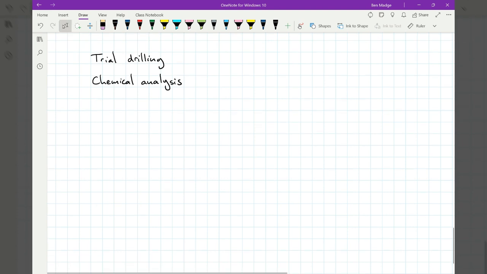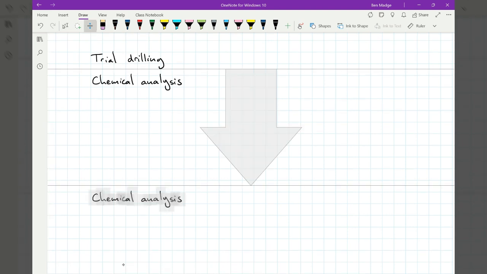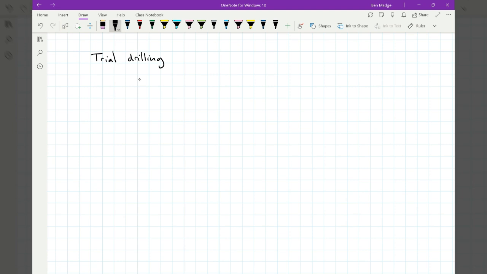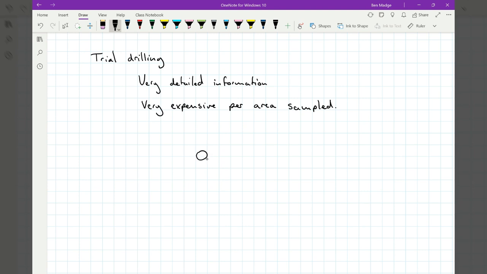Trial drilling then is where we're starting to get very detailed information. But we are starting to see the cost become much higher, so it's very expensive per area sampled. And this is where we literally drill a core using a drilling rig.